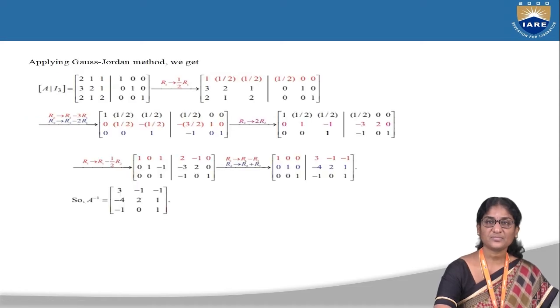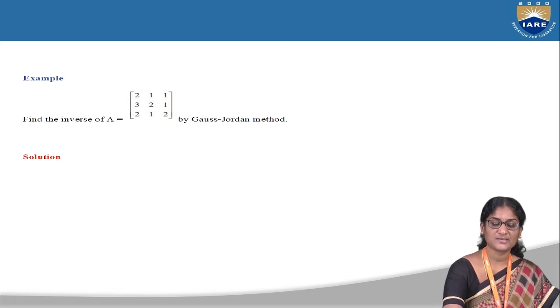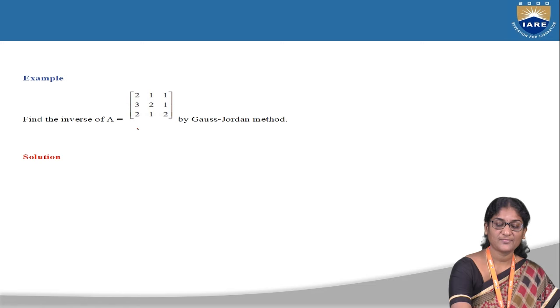Okay, now we'll see another problem: the inverse of a matrix. I'll go for a 3 by 3 matrix. I have taken matrix A as 2 1 1, 3 2 1, 2 1 2.